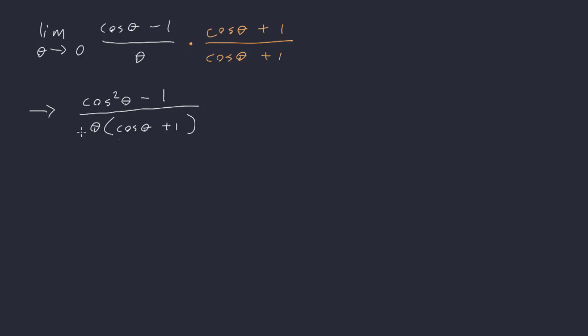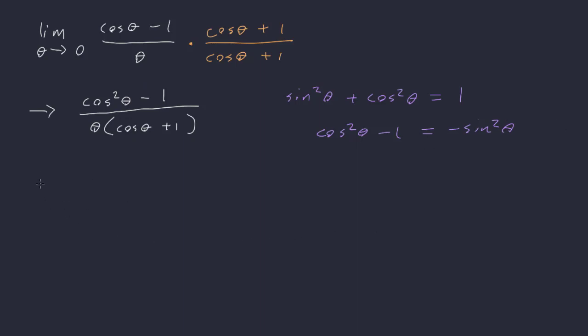hopefully this numerator looks familiar. Of all the trig identities that you should know, one you should take to your grave is sine squared theta plus cosine squared theta equals 1, which means that if I move the 1 over here and the sine over there, we get that cosine squared theta minus 1 is equal to negative sine squared theta.